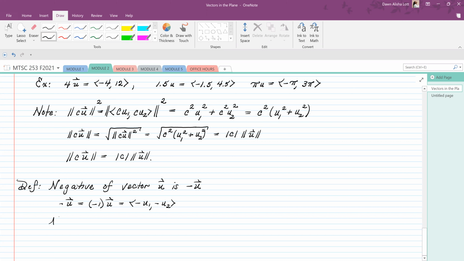So negative U, equal to minus U, is in the opposite direction of U, and it has the same length.